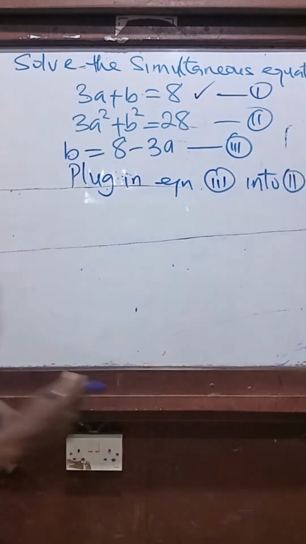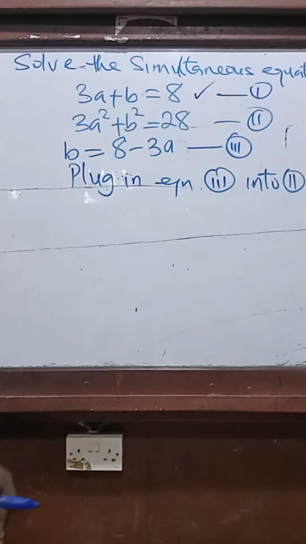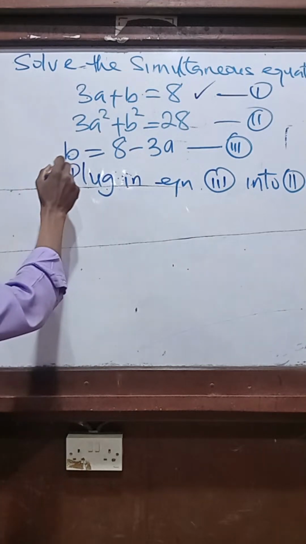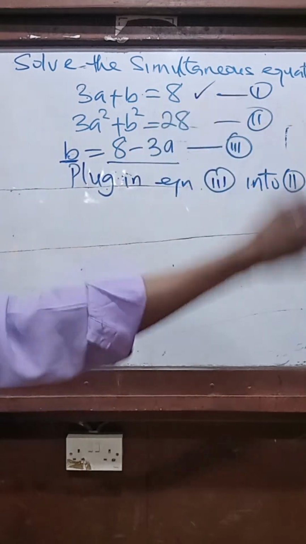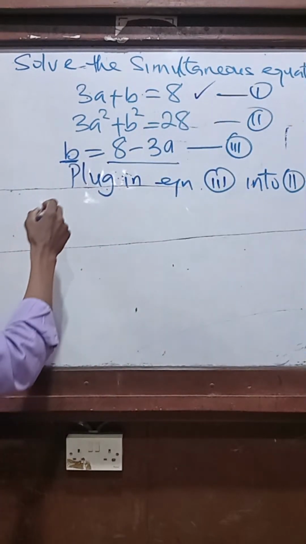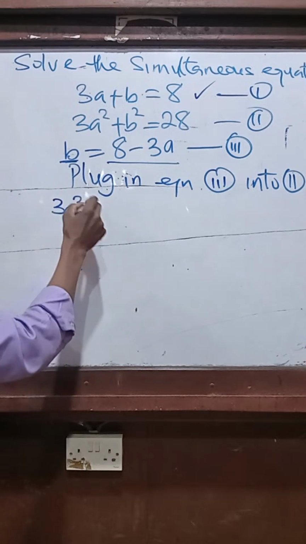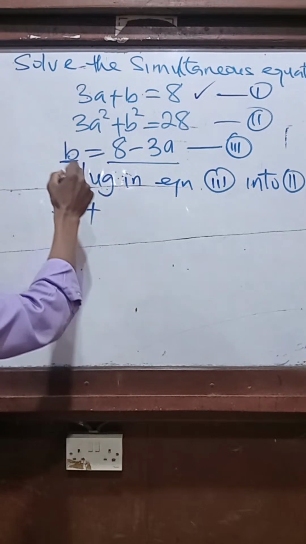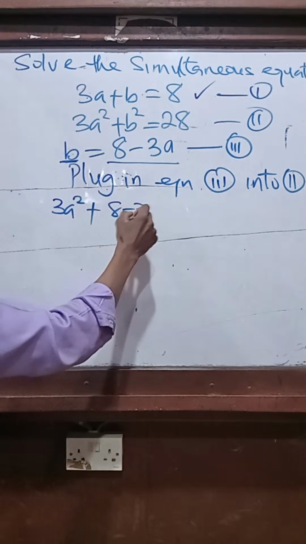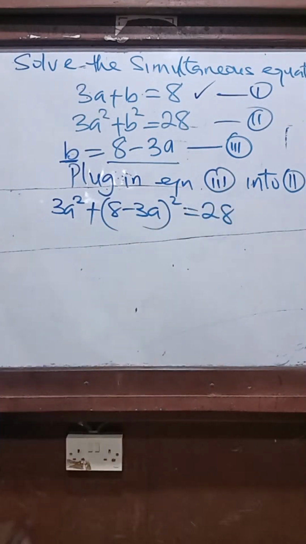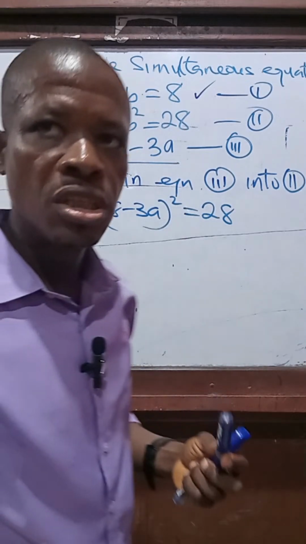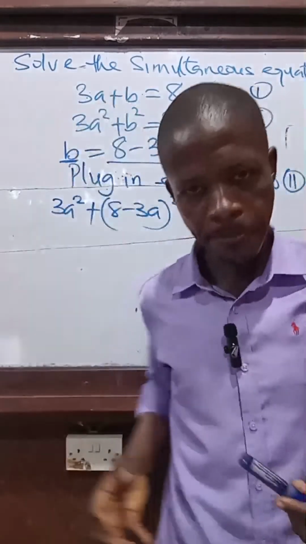Anywhere you see b, you put this expression there, 8 minus 3a. So that will be 3a squared plus b squared, that will be 3a squared plus (8 minus 3a) all squared equal to 28.